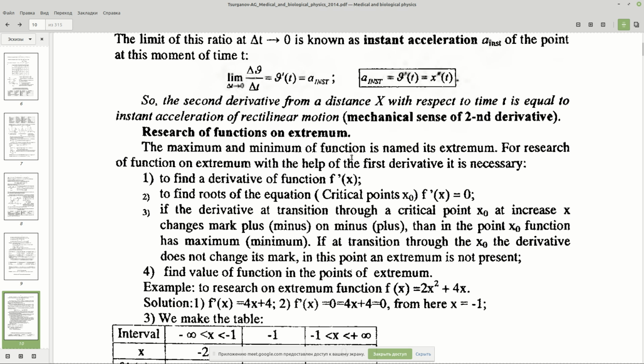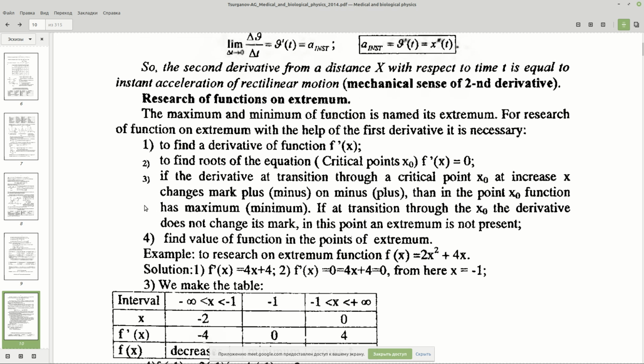If the derivative, at transition through the critical point x0 with increasing x, changes its sign, plus to minus or minus to plus, then at the point x0 the function has a maximum when plus to minus, and a minimum when minus to plus.